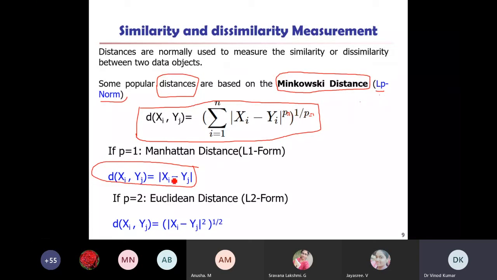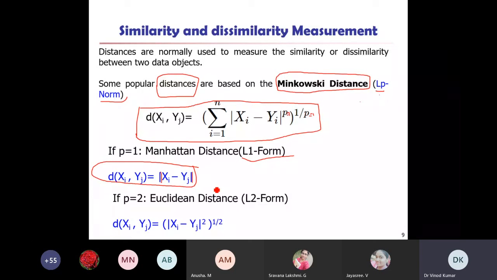So this is called the Manhattan distance, or we can also say it is the L1 norm. We simply take the absolute difference only.